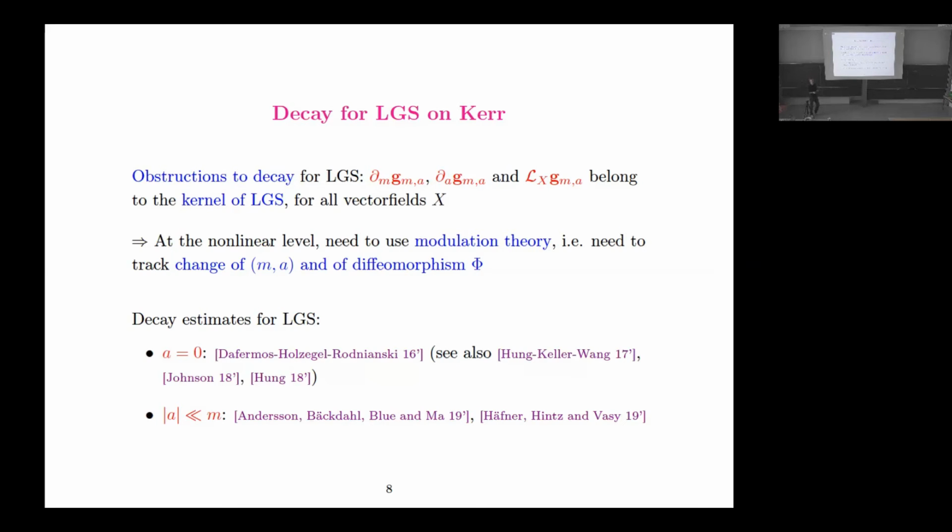So the infinite dimensional part of your modulation theory is keeping track of the gauge choice you have to make. Adjusting the gauge is key. You want to keep adjusting the gauge to put yourself in the gauge in which you recognize Kerr.